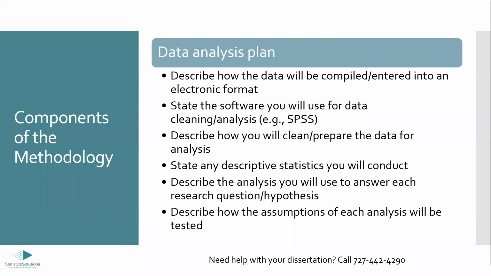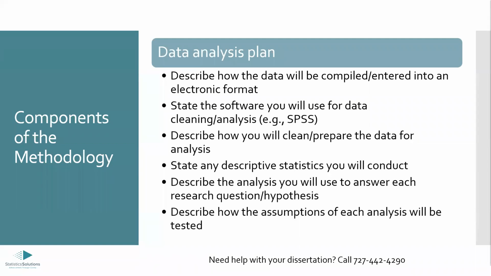And you'll want to describe the analysis that you're going to use to answer each research question and hypothesis. So this should just be in order of your research questions typically, especially if you're doing a separate analysis for each research question. So you can start with research question 1, say for research question 1, I'm going to do a t-test, or for research question 1, I'm going to do an ANOVA.